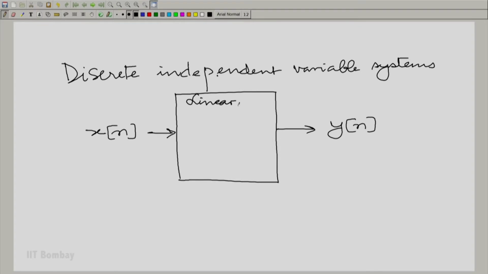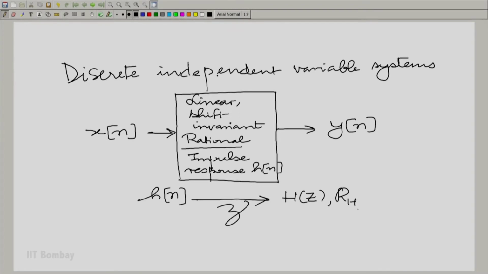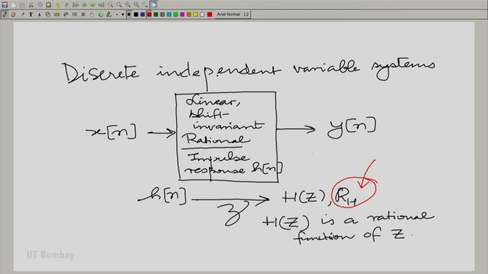The system is linear shift invariant, and we shall also assume it to be rational. That means the impulse response h of n has a Z transform, capital H of Z with a region of convergence R of H, where H of Z is a rational function in Z. Now, what we need to convince ourselves is that it is R of H which is central to the analysis of stability.